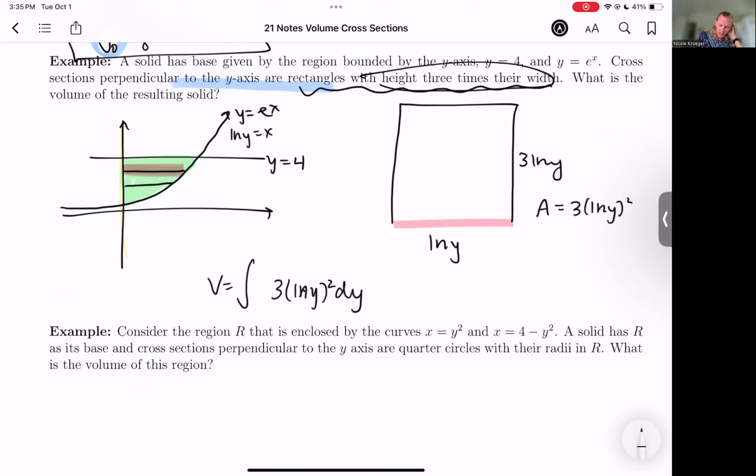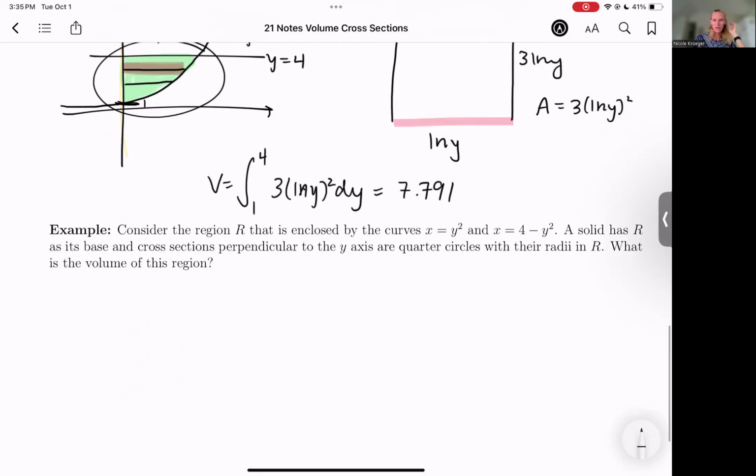Now my bounds come from the region that I'm integrating over, so I need my y values. The y value down here is 1, that's where e to the x crosses the y-axis, so I'm integrating from 1 to 4. You can type this in a calculator. I don't think this one's super nice to anti-differentiate. We get 7.791. Okay, you could also just set up the integral, which is totally okay.